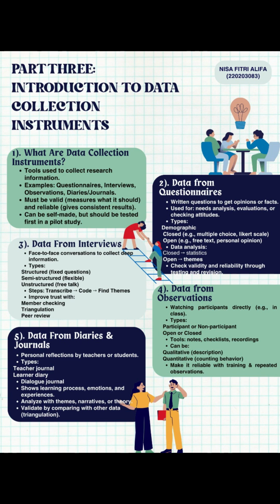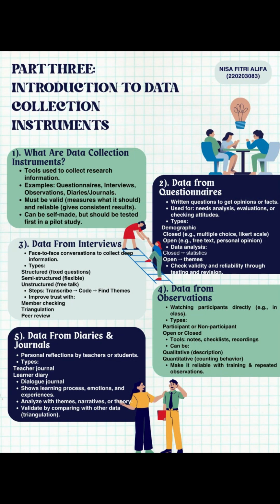Second is reliability, which means participants would give similar answers if they took it again. We can improve this in the questionnaire. The first is piloting the questionnaire on a small group first, and then revising confusing items, and then using item correlation to test internal consistency. So questionnaires are very efficient for gathering large amounts of data, but we must design and test them carefully.